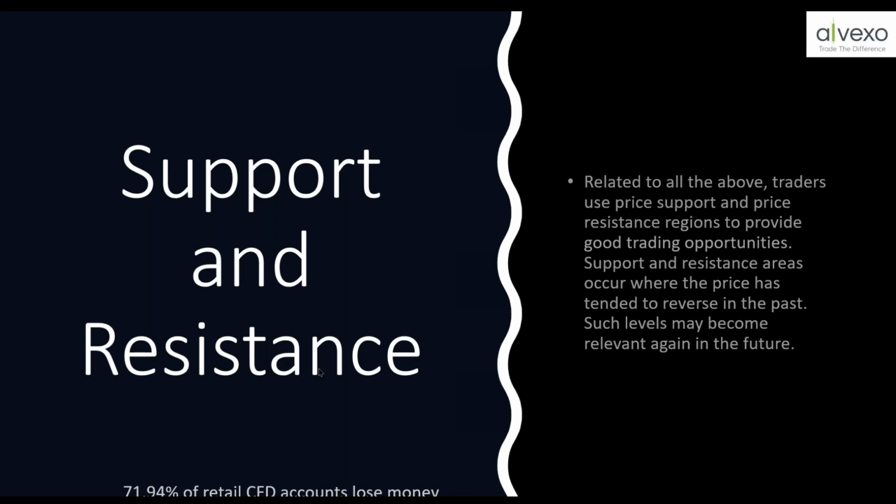So keep in mind, support and resistance are probably the most important pieces of information and what makes you better than the guy next to you. Because, yes, there are many ways to put support and resistance on your chart. You can use pivot points, which are mathematical calculations. You can use Fibonacci levels, which come from a Fibonacci chart.